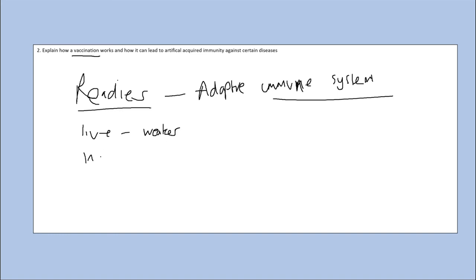We also have inactive vaccines, where basically they're killed, destroyed versions of the pathogen, which can still trigger a specific immune response, but they are not able to give us the disease. We don't get any problems in the human body, because they're either killed or weakened and they're not going to give us that much of a response.